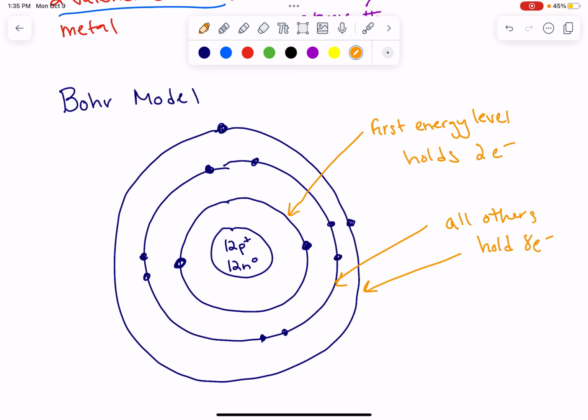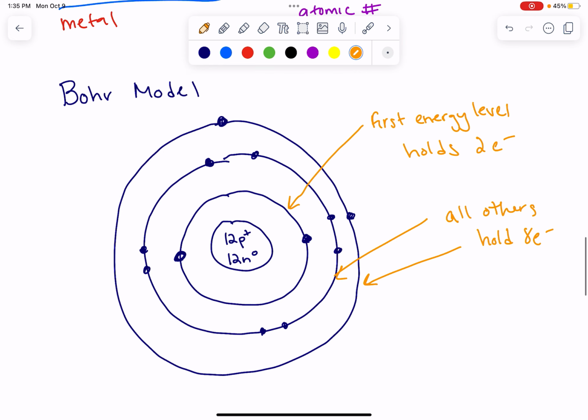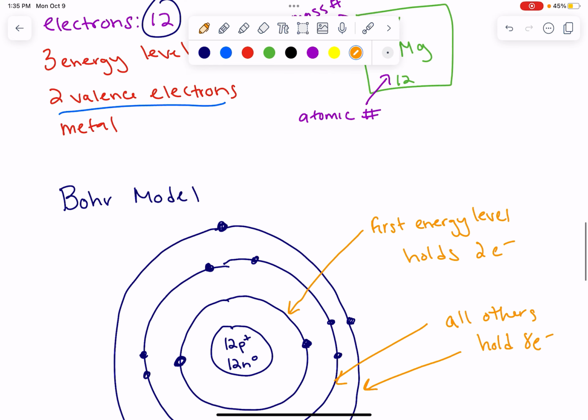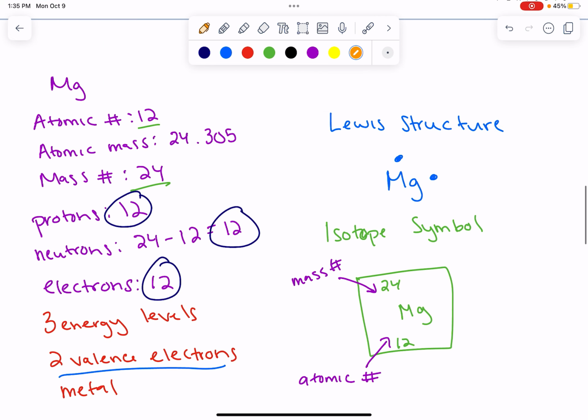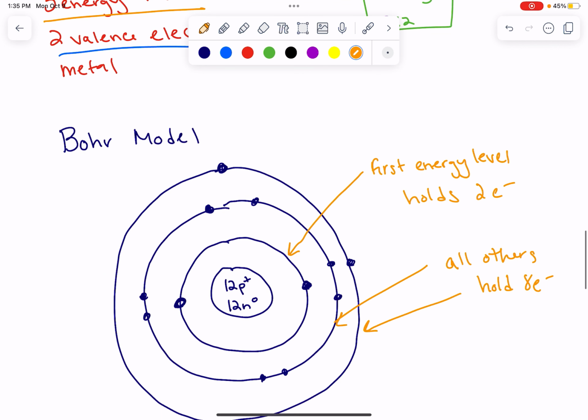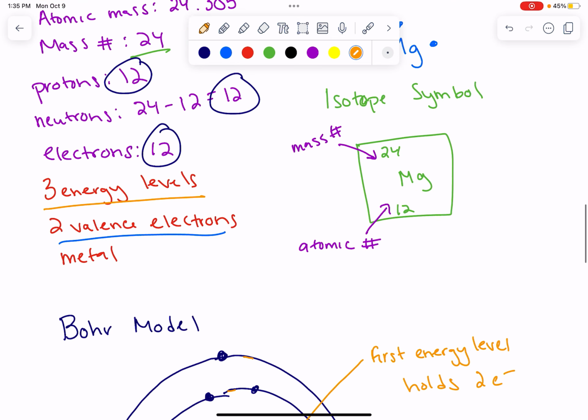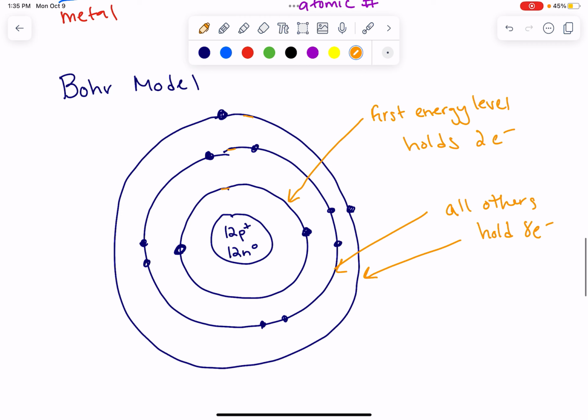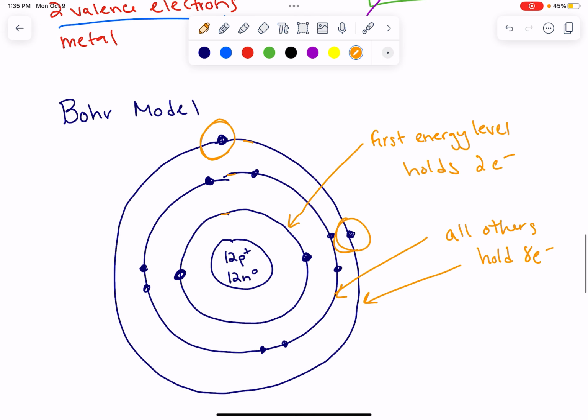And we can check here if our energy levels and valence electrons are the same as what we predicted. So we saw from the periodic table that we have 3 energy levels, and we have 1, 2, 3 energy levels, so that's good. And we said we have 2 valence electrons. Valence electrons are the electrons in the highest energy state, so this one, and we have 2, so that makes sense. Okay? Hopefully that helps clear things up.